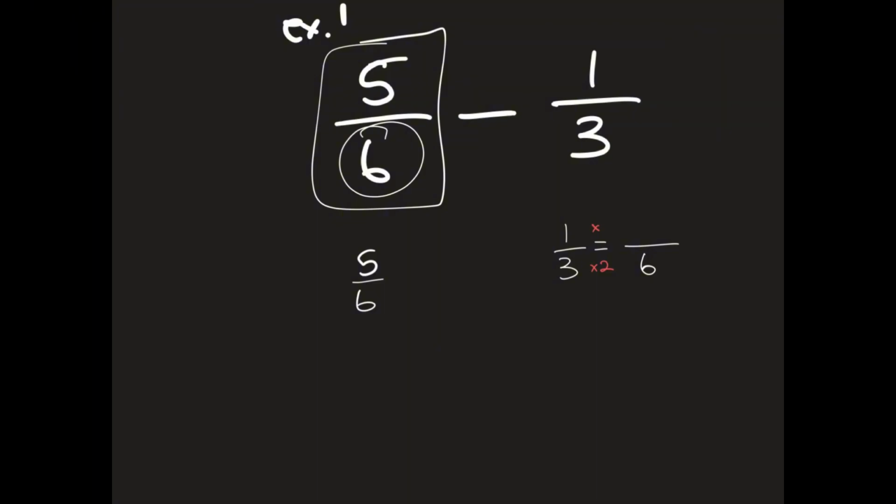And what I do to the denominator, I have to do to the numerator and make my secret 1. 1 times 2 gets me 2. Now I have to remember that I am subtracting. So I'm going to plug my answer in over here: 5/6 minus 2/6.